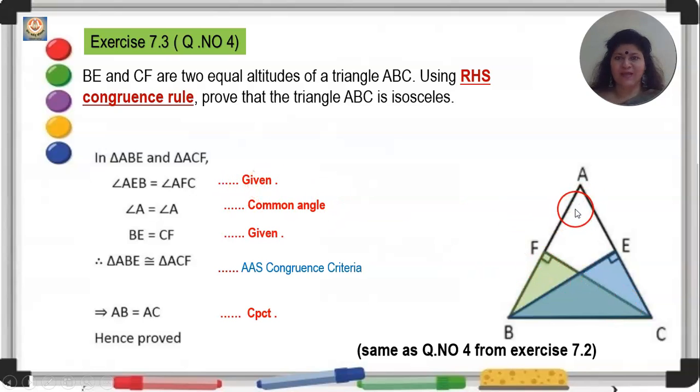A is a common angle because it is an angle common to both the triangles. And this altitude is also congruent, it is given. So if you look at it, it becomes angle, angle, and one side. So which is the side that is congruent? This is the side that is congruent to this side. So by AAS congruence rule, we can prove this triangle as an isosceles triangle.